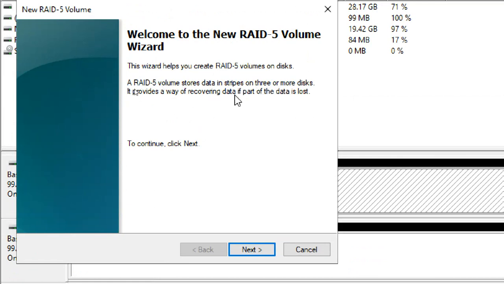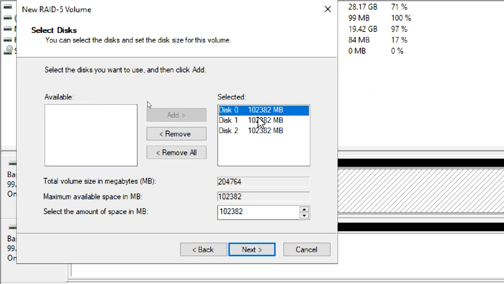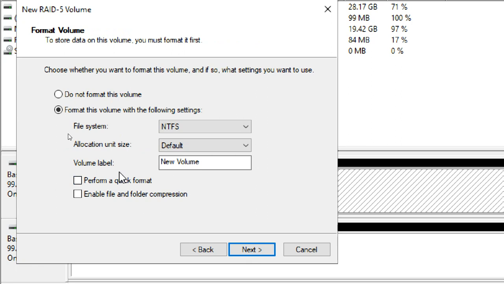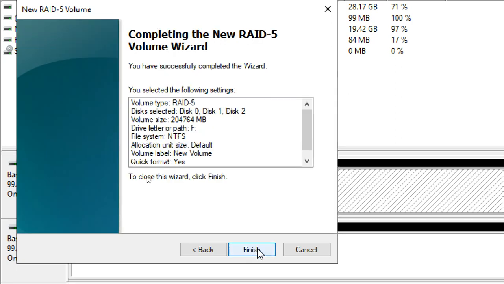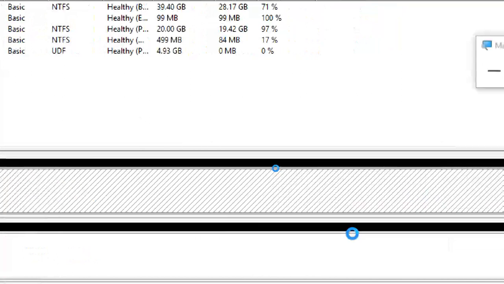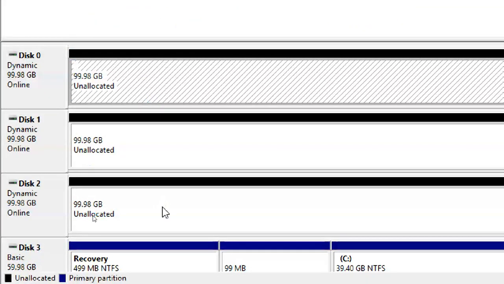It provides a way of recovering if part of a disk is lost. Next, I'm adding another disk. I'm using three disks here. You can use more disks also, but we are using three. Next, finish. Convert into dynamic, yes.